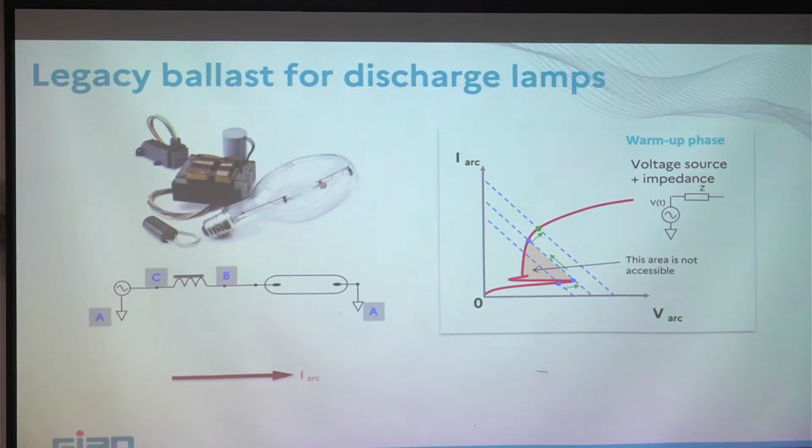And if this is your arc current, everything is in series, then this is the arc voltage. I remind you that even if the curve is not linear, the lamp at any point behaves like an ohmic resistor. That is, no phase shift.